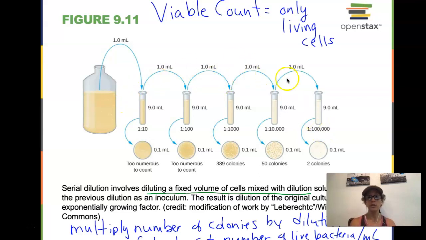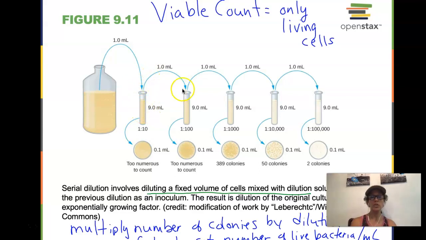This method is used for getting super dilute solutions of bacteria or other chemicals relatively quickly. It'd be hard to take 1 milliliter and put it into 99,999 milliliters to get a 1 to 100,000 dilution, but doing 1 milliliter into 9 is reasonable volumes.